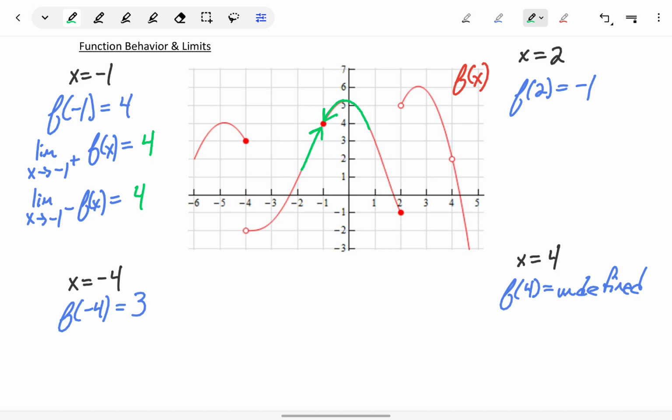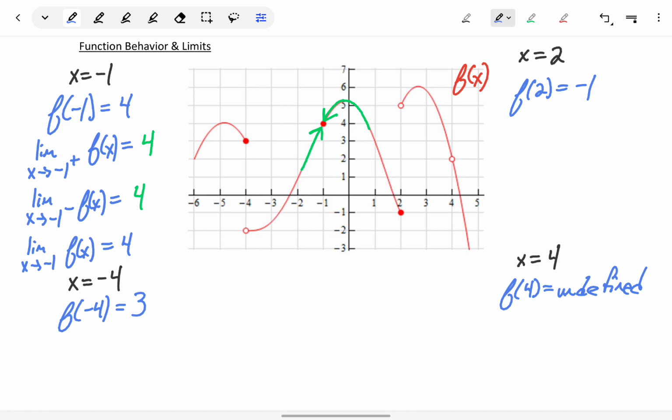Since those two one-sided limits are equal, that tells us that the limit as x approaches -1 of f of x is equal to 4. If the two one-sided limits are equal, the limit as x approaches that value is equal to that same result.